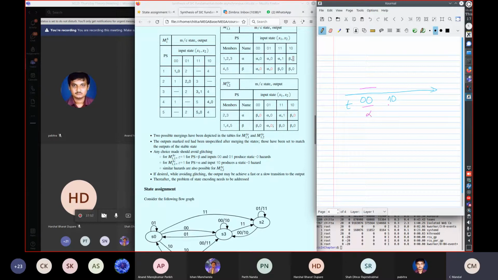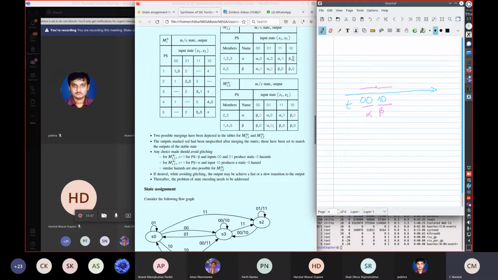You're in state alpha, and now you're going to state beta. Here also your output is 0.